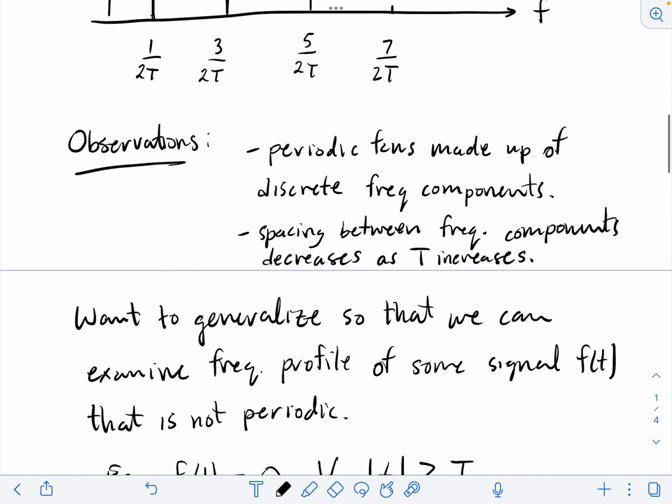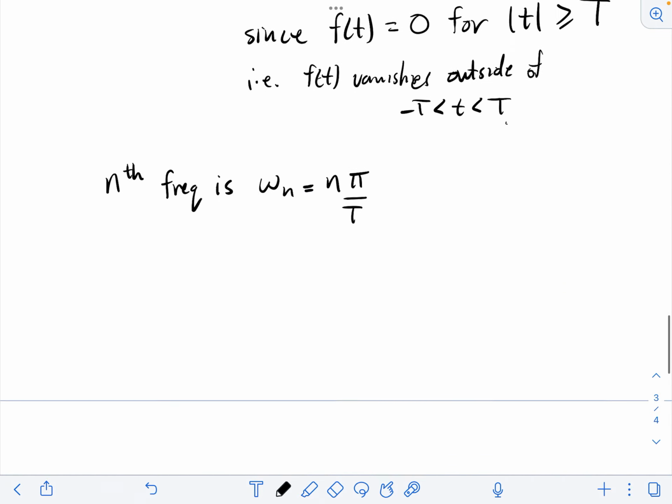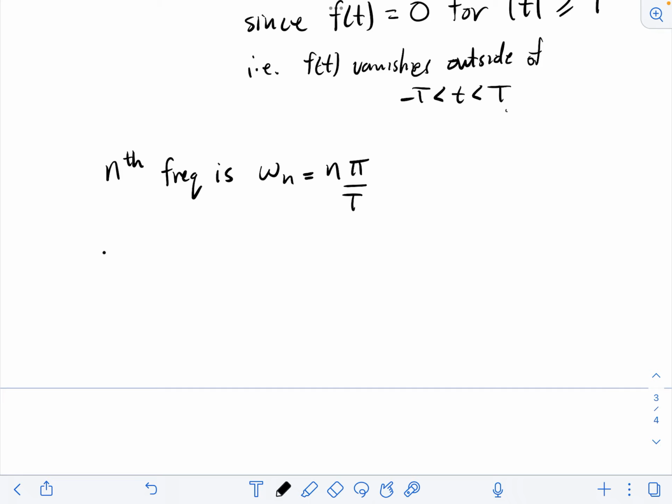So let's do that and say, therefore, the frequency spacing is the nth plus 1 frequency minus the nth frequency. And so we'll define that as delta omega.